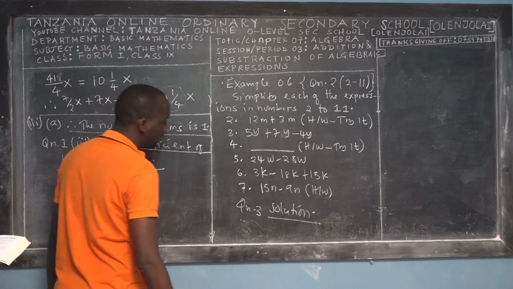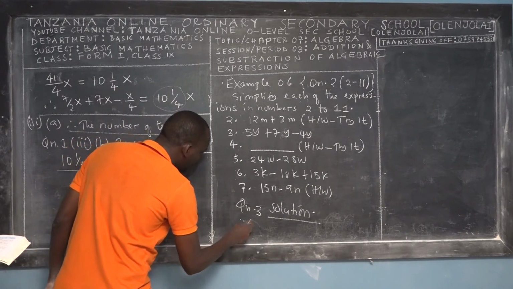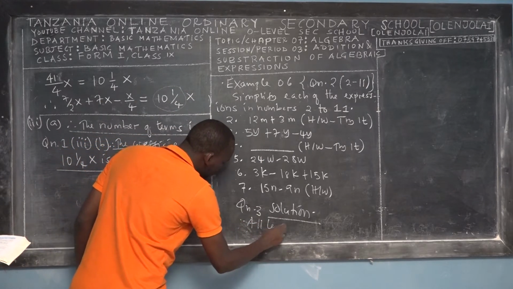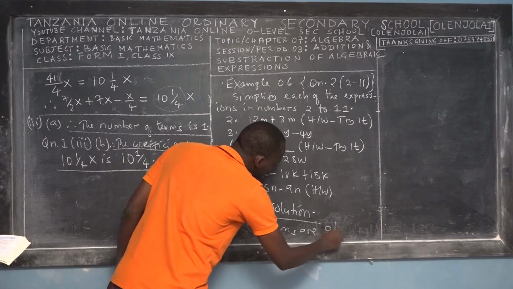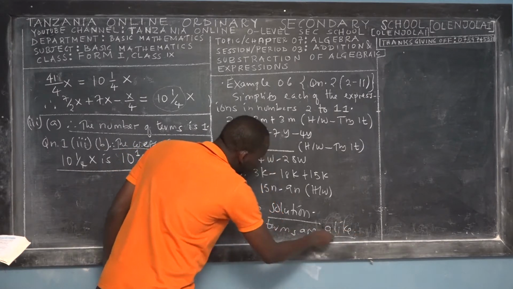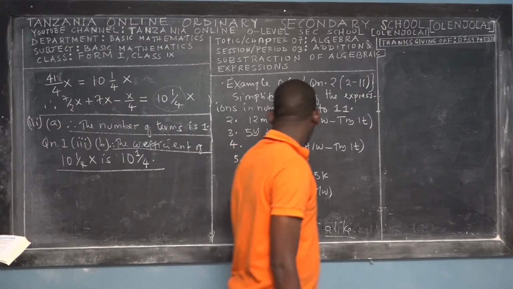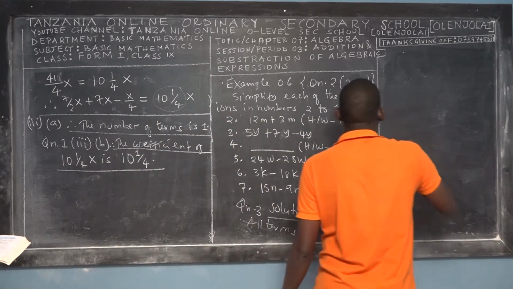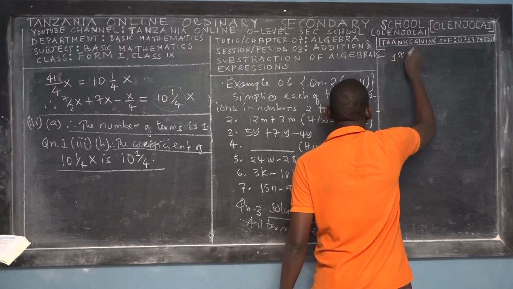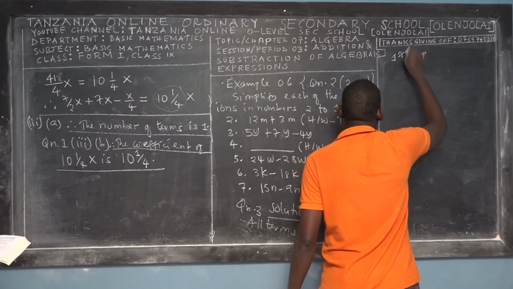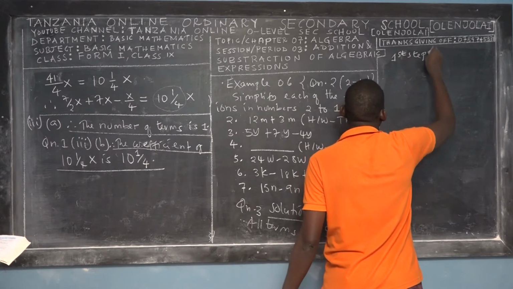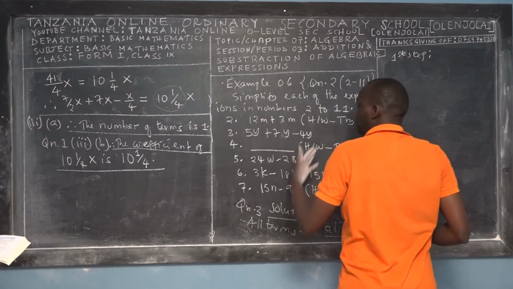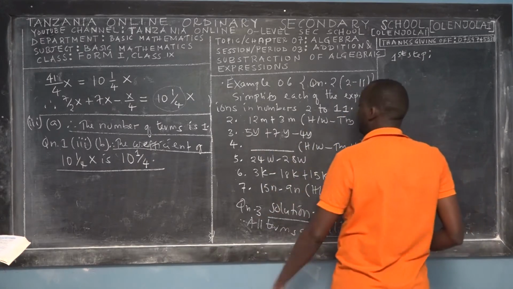So question number 3, we say that first of all terms are alike. Terms zote zinafanana. So if all terms are alike, then the first step of observing whether we have like terms you can jump, because you have seen it. You have eyes, so you have seen that we have only like terms.